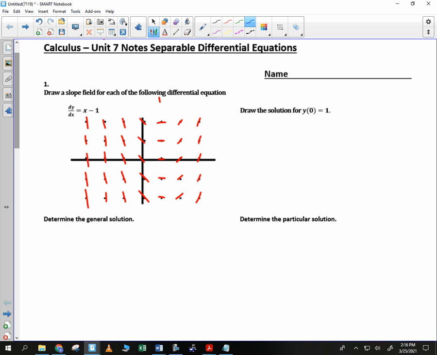On the AP exam, they will ask you to draw a solution for y of 0 is equal to 1. And what that means is it goes through the point 0, 1. So I'm going to draw 3 graphs here, and you try to tell me which one is the correct one.